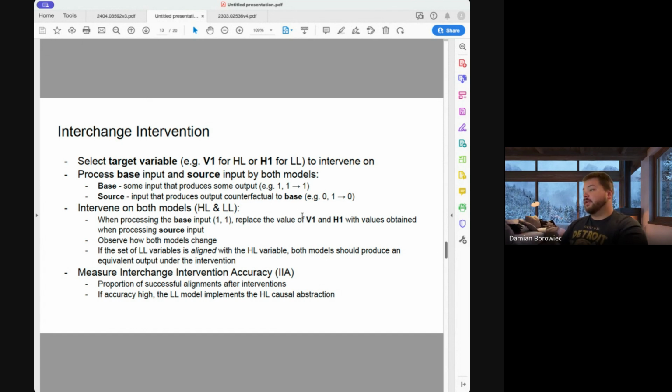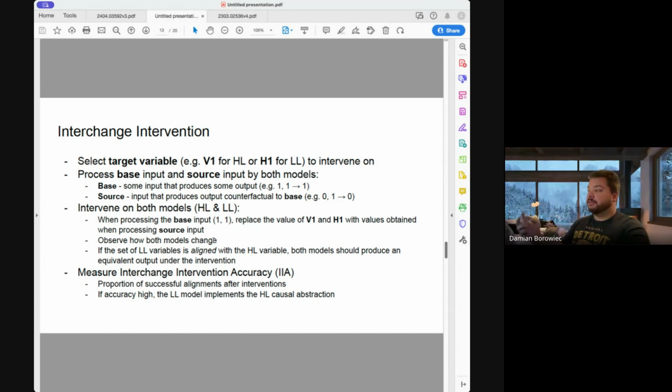And we would do the opposite for the source: we would replace the target variable value with the base equivalent. And then we would observe how both of these models change.